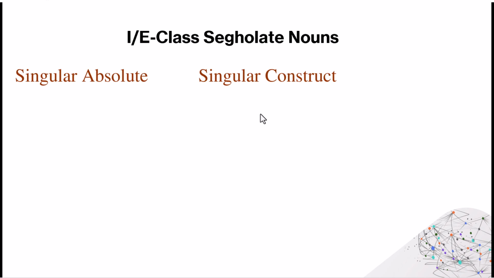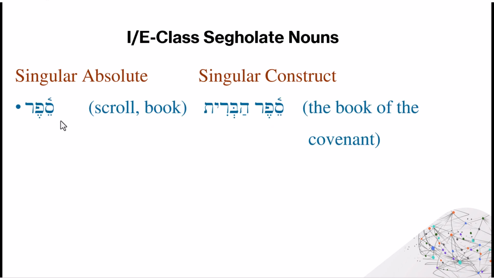Let's look at some IE-class Segholate nouns. So we'll look at some singulars. So Sefer is scroll or book. In construct, we have Sefer HaBerit, the book of the covenant. We have no change in this singular construct.